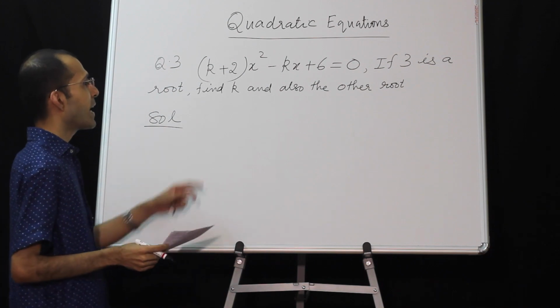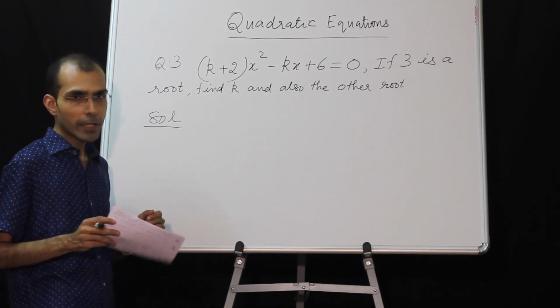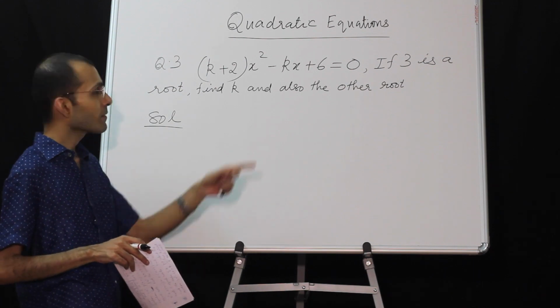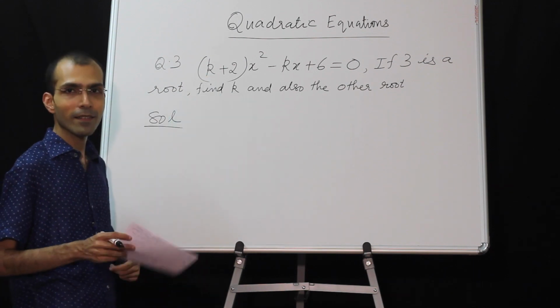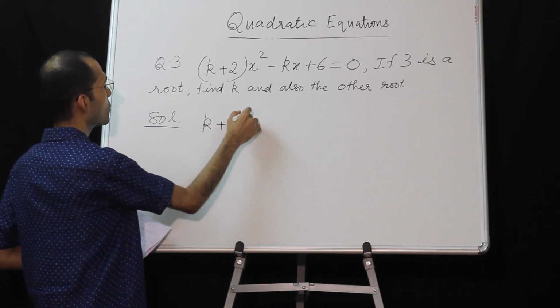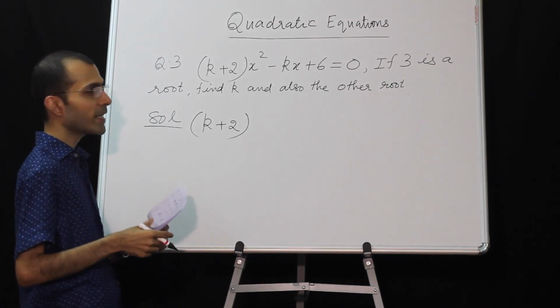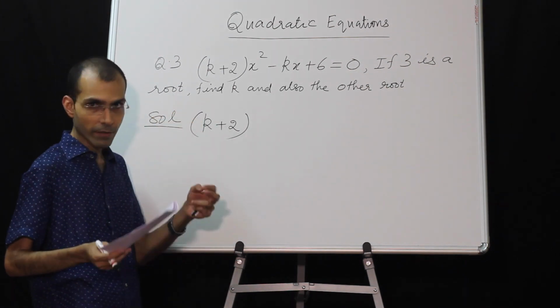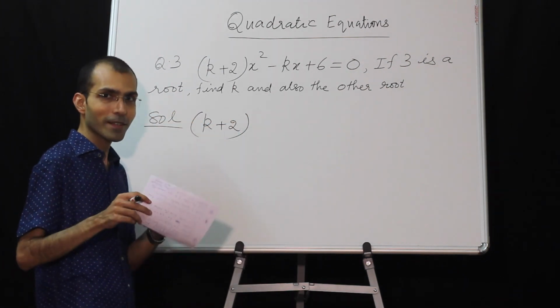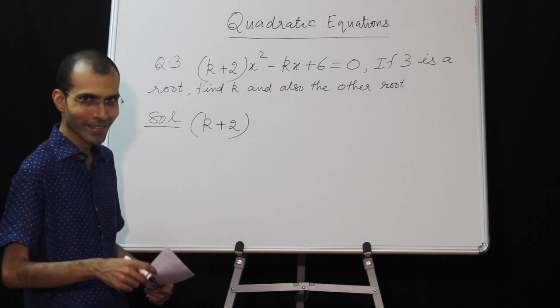Solution. As 3 is already a root of the equation, it will satisfy the equation once I substitute it here. So we will say k plus 2 times, put x as 3. Why x as 3? K we cannot put 3. The value of k has to be found out. Okay, and it is a quadratic in x, and 3 is a root of that equation.